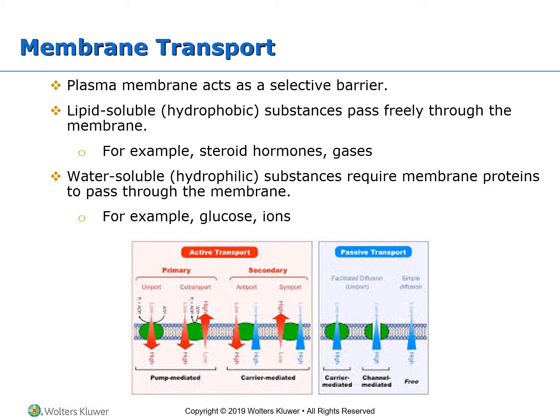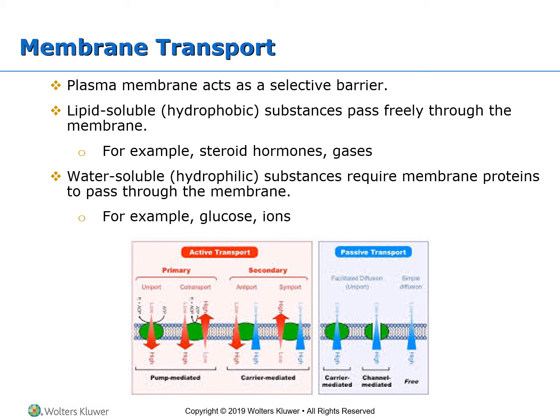Remember that we said that the plasma membrane is made primarily of lipids that are fat soluble, or hydrophobic. They reject water, just like when you're trying to mix oil and water, they do not mix. So substances that are fat soluble will pass the membrane way easier than those that are hydrophilic.